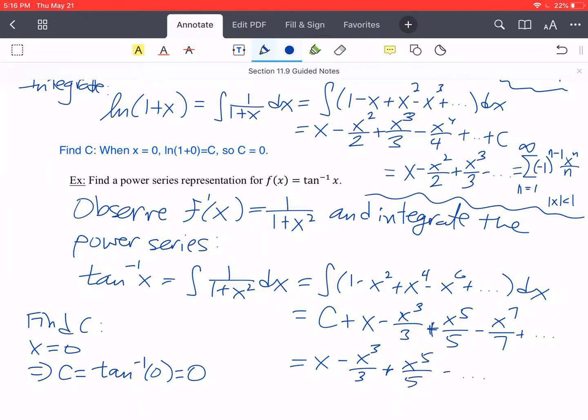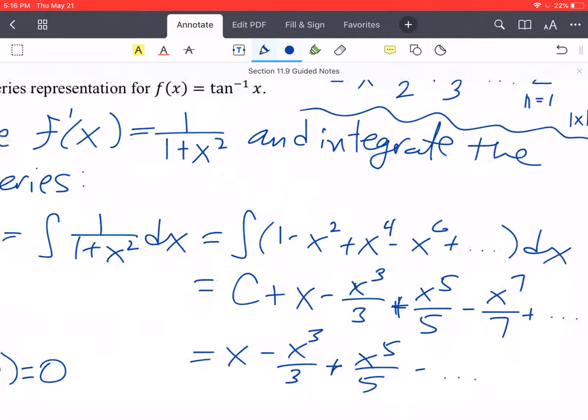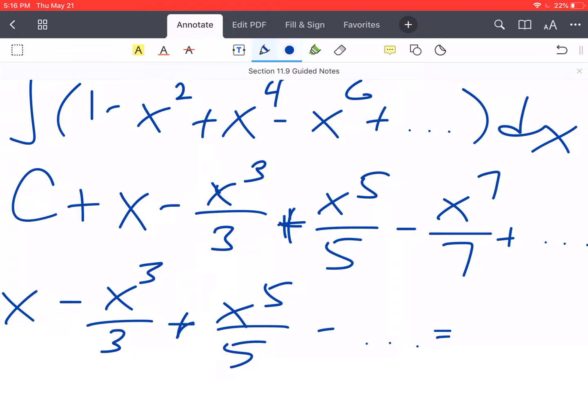Okay, which we can write using the summation notation. That's going to be the sum from 0 to infinity of negative 1 to the n, because it's alternating, times x to the 2n plus 1 over 2n plus 1.